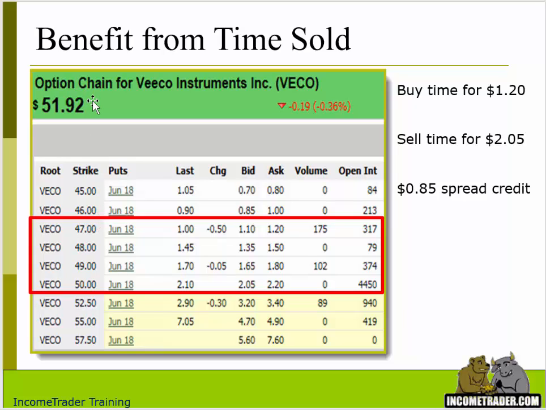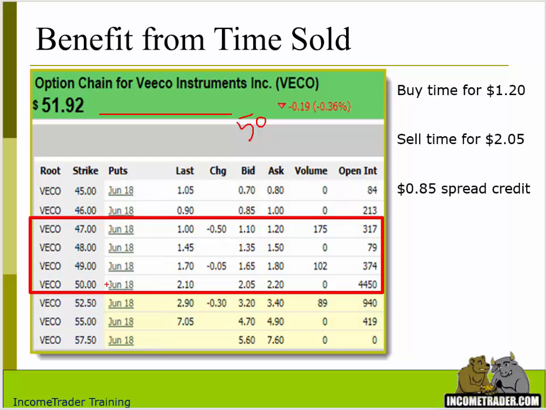So if your stock is at 51.92 and maybe there's a really strong support right around, say, $51 or even $50, and you say, okay, I'm going to go ahead and sell the put down here at $50, that way the stock is allowed to go up, sideways, and slightly down, and I'm still going to be okay.